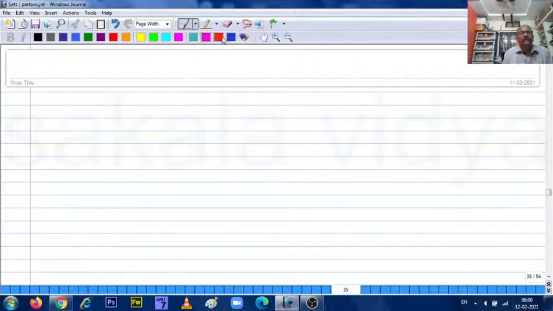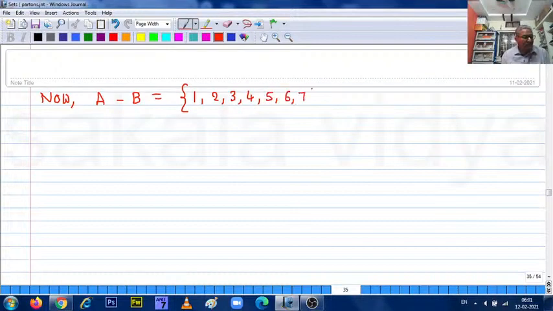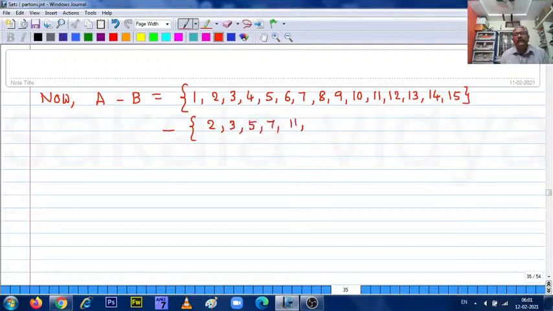Now we need to find A minus B. A minus B equals 1, 2, 3, 4, 5, 6, 7, 8, 9, 10, 11, 12, 13, 14, 15, minus B. B means prime numbers 2, 3, 5, 7, 11, 13, 17, 19. Cancel 2, 3, 5, 7, 11, 13.